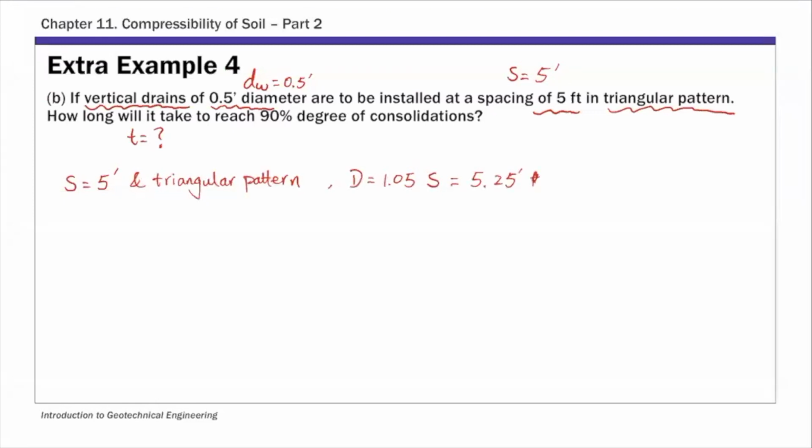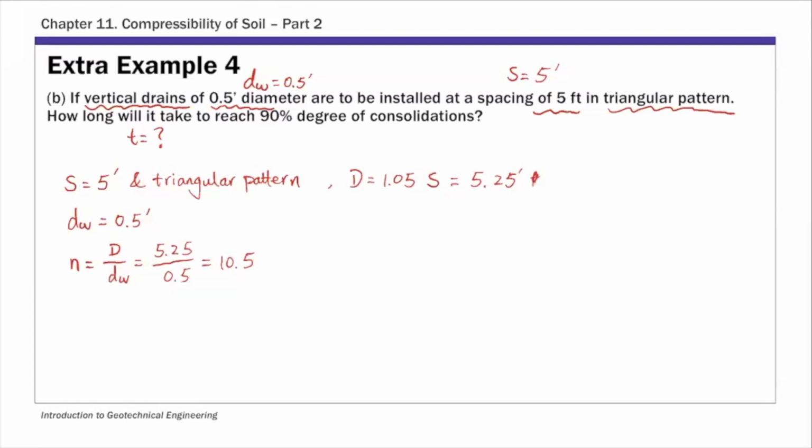So that's capital D. And then dW, the diameter of the vertical drain, is 0.5 feet. And then we can calculate that small n we need to get time factor. So it's 5.25 over 0.5, so capital D over small d. And this is 10.5.